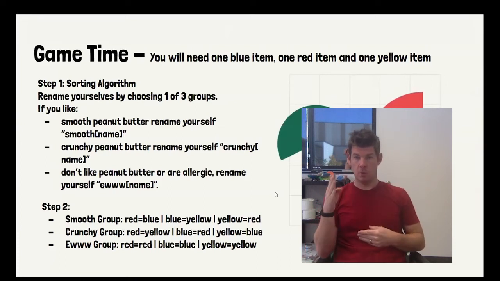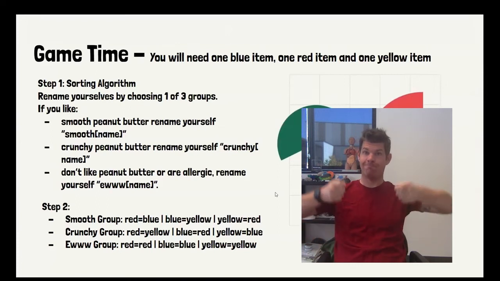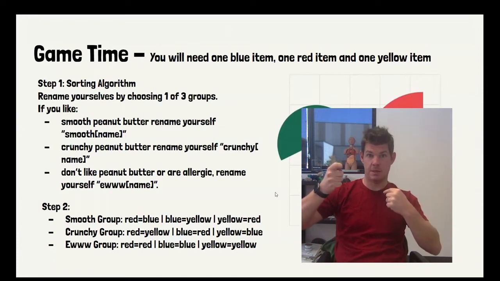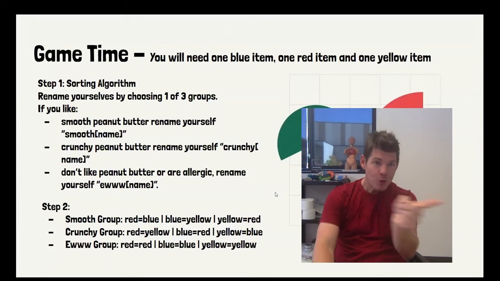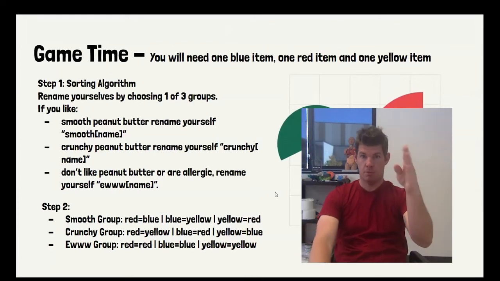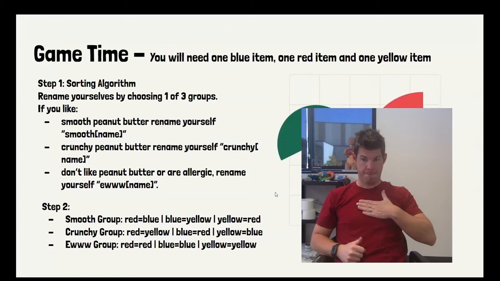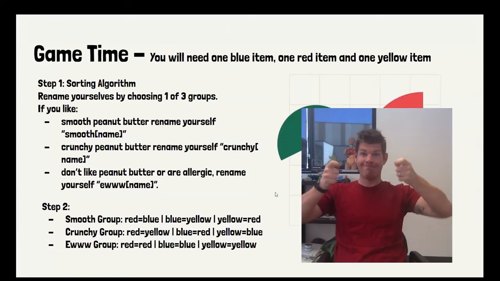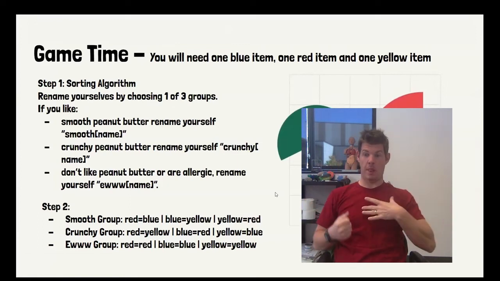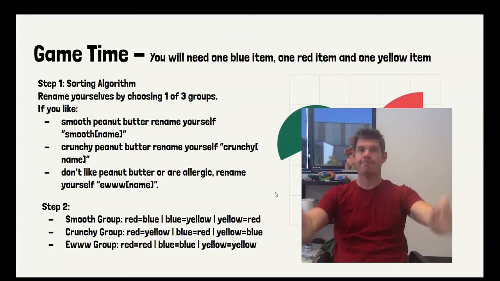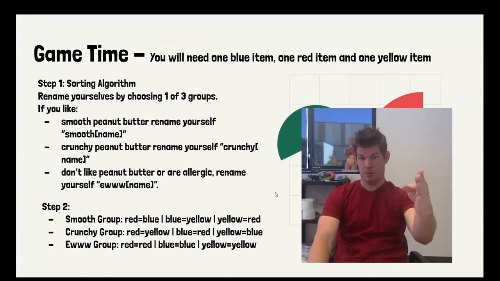So when I put something red in front of my camera like I'm doing right now, and then I'll also say red, all right? Everyone in the smooth group is going to take the blue item that they have and hold it up to their camera. You're going to block your camera basically with your blue, leave enough light so that we can actually see that there's the blue thing on there, okay? So that's the first one.